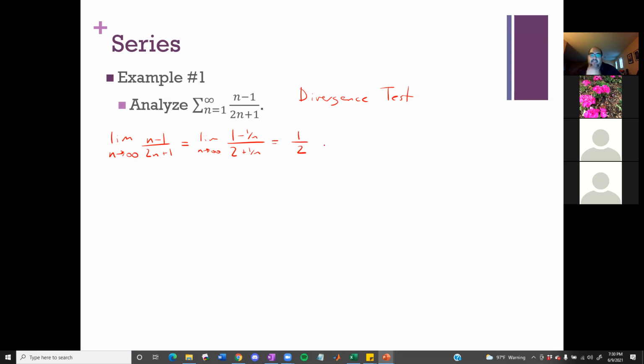So why does that tell us everything we need to know? This is not 0. All right, that's all that matters. This is not 0. Therefore, the series associated with that sequence can't possibly converge.